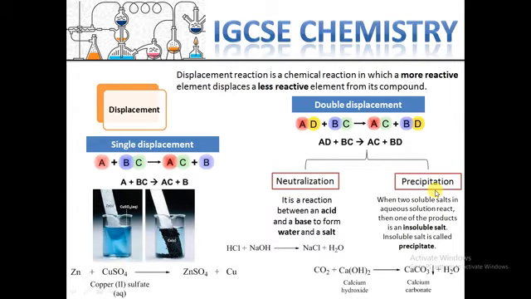Precipitation is when you have two soluble reactants that react with each other, and finally you form an insoluble salt. An insoluble salt is a solid which you can extract from the solution. The other products could be water or another aqueous solution.